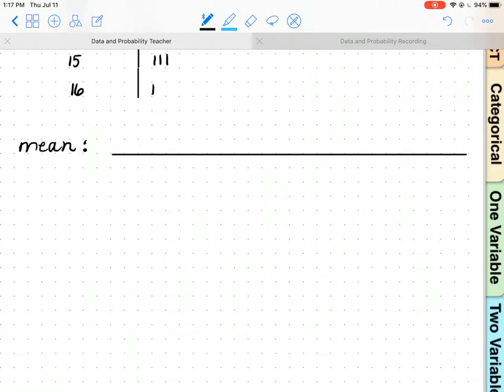We know the bottom number because we counted those tally marks. There are 15 data points in this table. I don't know what these are. They could be high scores, maybe on the math test. They could be prices paid for boxes of candy. I have no idea what the data points are, but I know that there are 15 of them.